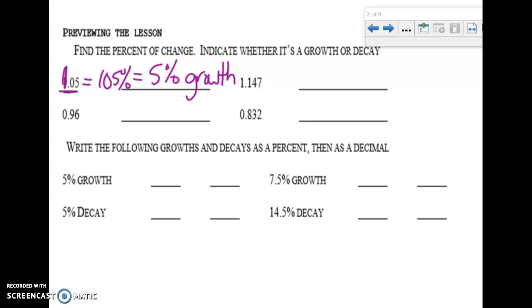Now, the next number here is a little bit more complicated, but again, focus on the second half here, where if we move that decimal 2 times, it would be 114.7%. Now, some people say that's a decimal and a percent. Well, it's actually just a percent. There's a decimal in it. The percent sign is really telling you that's the percentage.